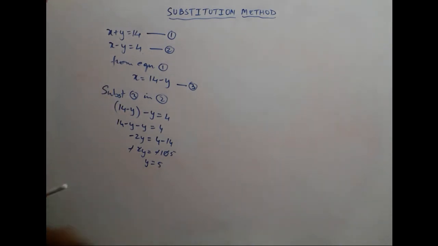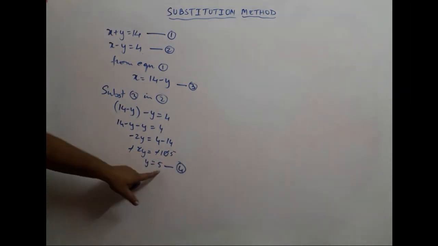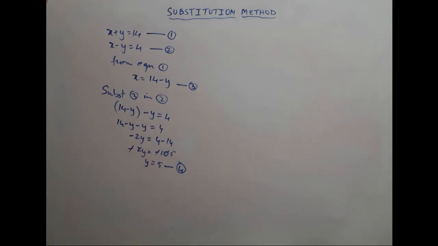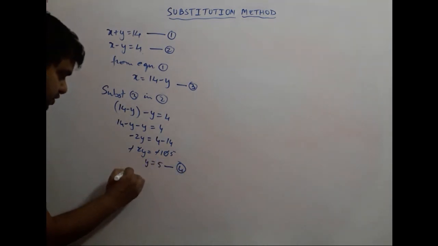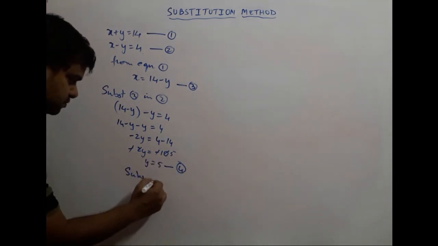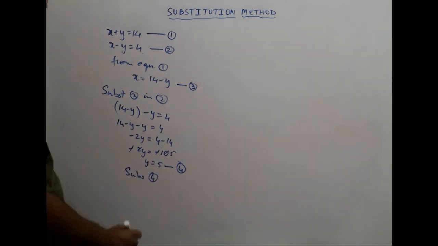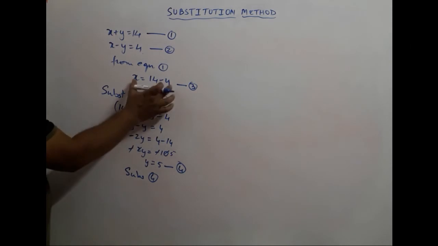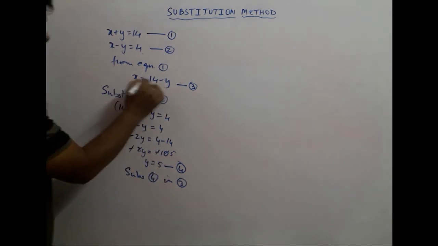Now we have got y equal to 5 over here. We'll mark this as 4. Now that we have got y equal to 5, the second part is the same as the elimination method, except we substitute 4, that is y equal to 5, in equation 3, because we said x is equal to this.